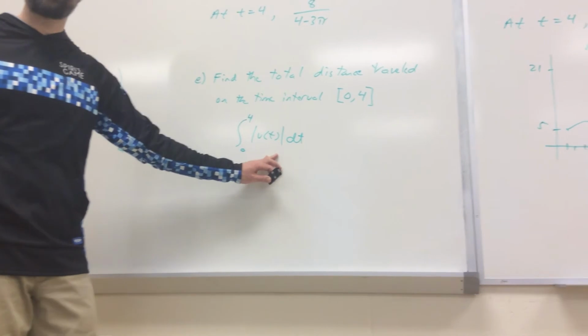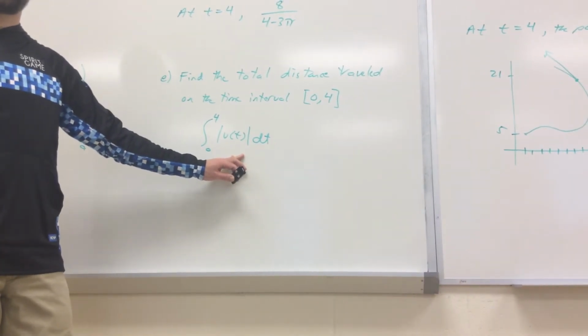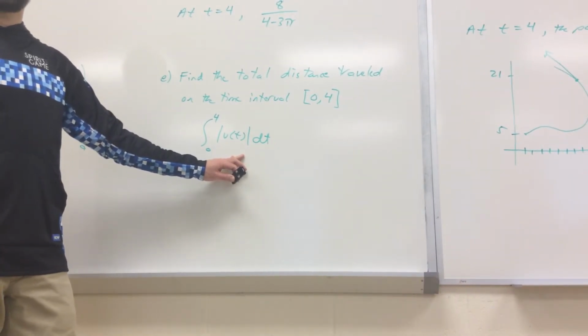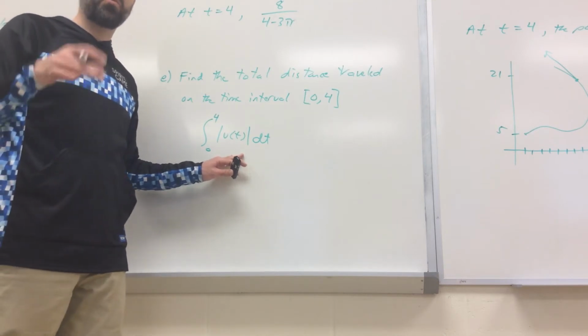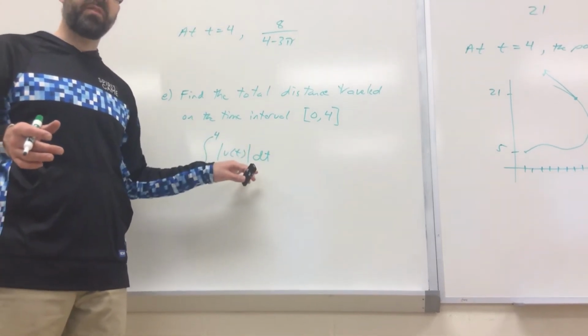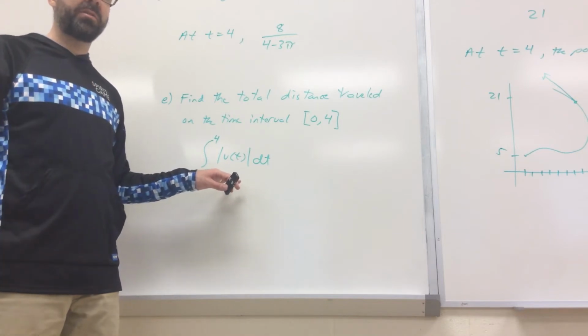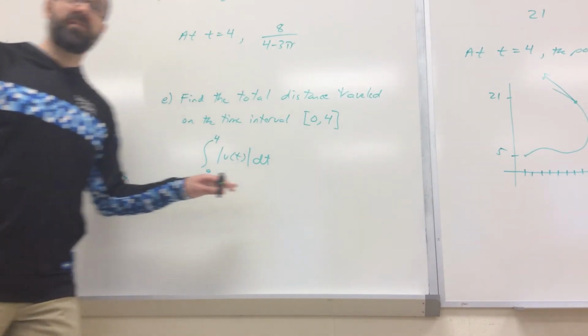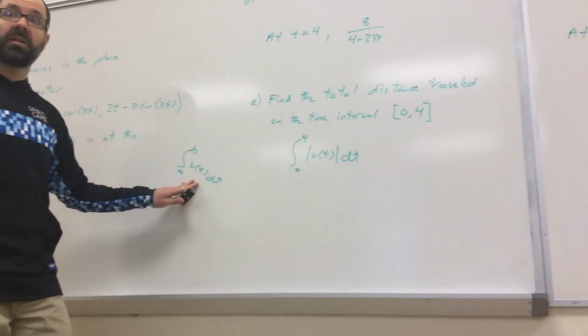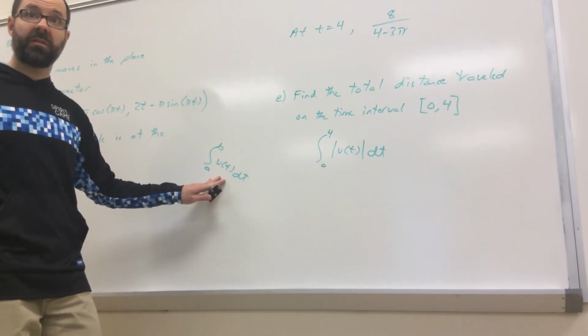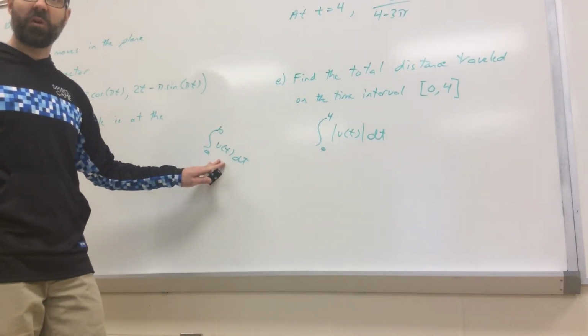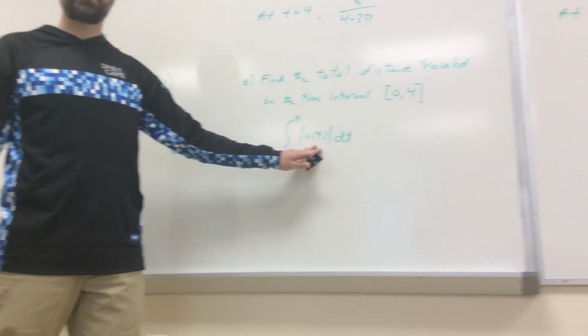It's the same exact formula in the two-dimensional case. The only thing is, in the two-dimensional case, we're not allowed to call these bars absolute value. We call them magnitude. Notice that for part A, we did this, the displacement. Now we're finding total distance, so we're doing this.